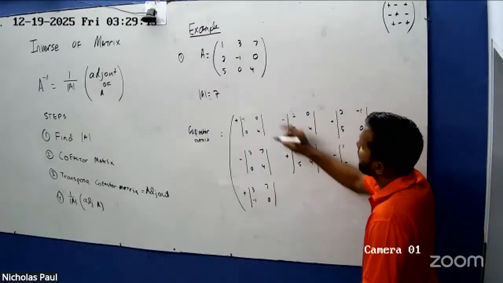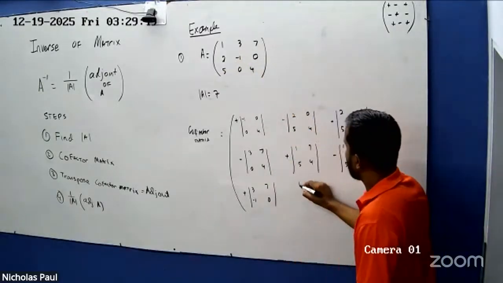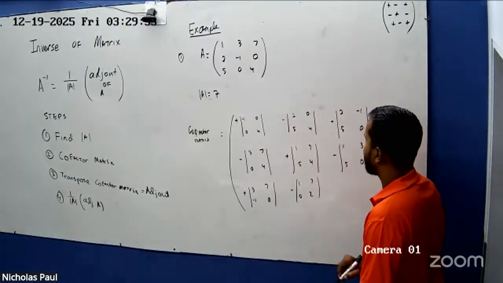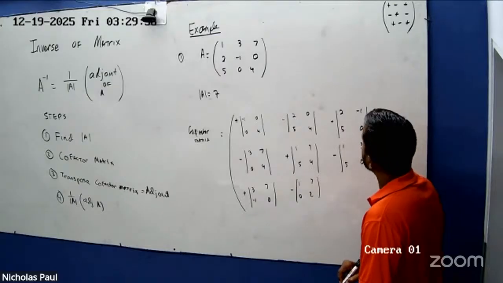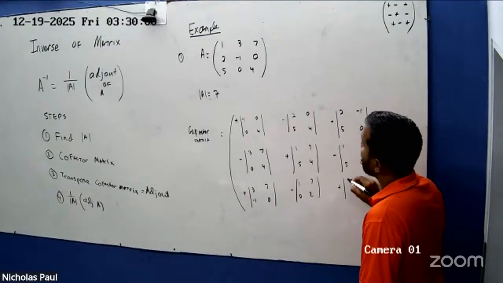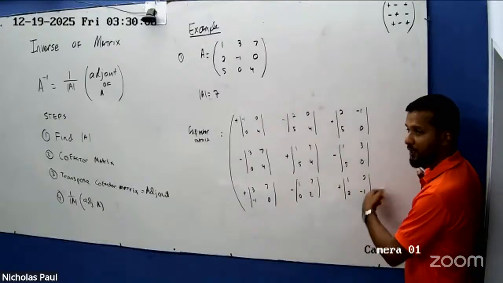Last two, 0, cancel here, 1 7 2 0, minus, and last one, positive, 1 3 2 minus 1. So what we found here is the cofactor matrix.